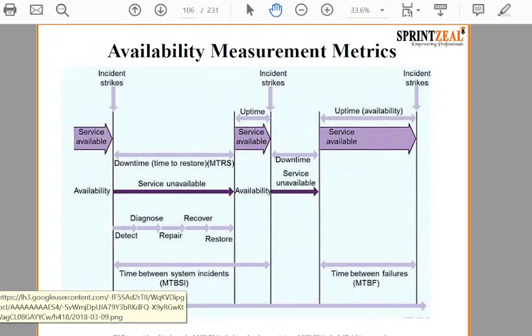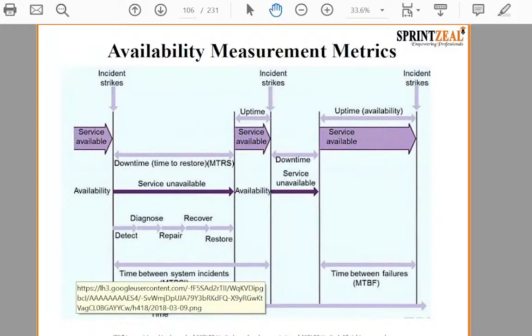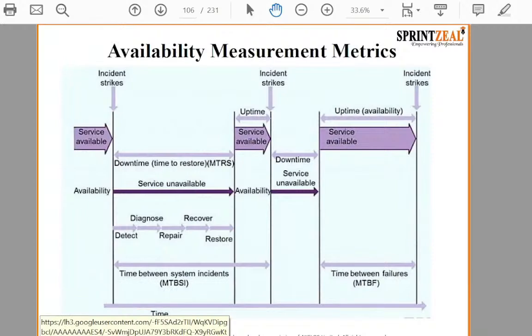When is this website going to be back? MTBSI, mean time between system incidents or service interruption, will be from the time I called to the time you called. That is the mean time between service incidents or system interruptions. Got it.